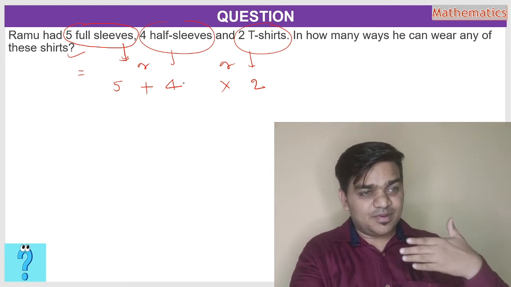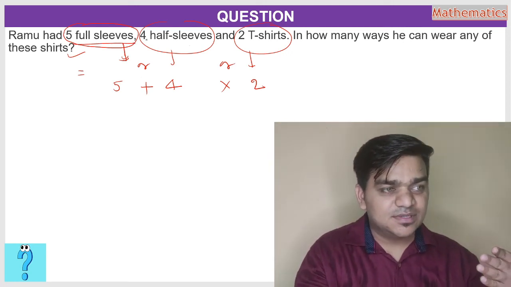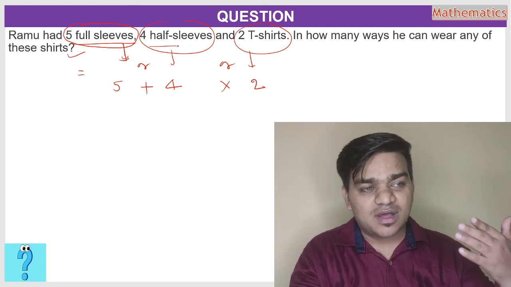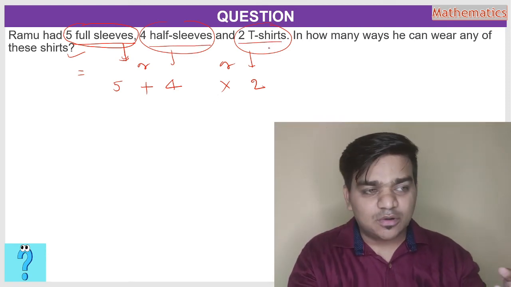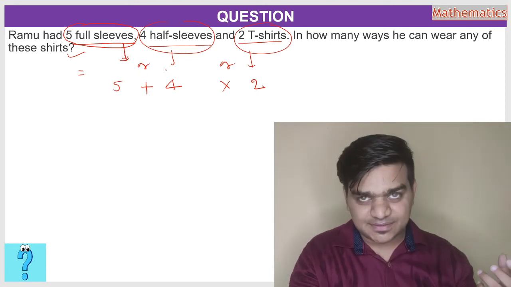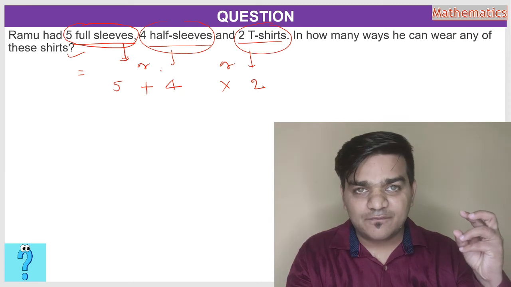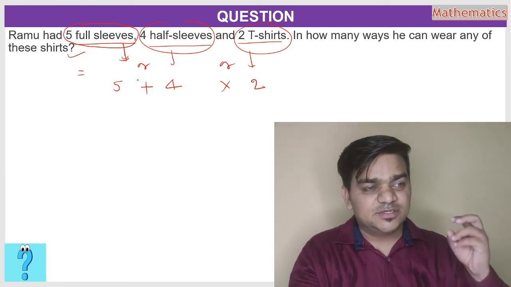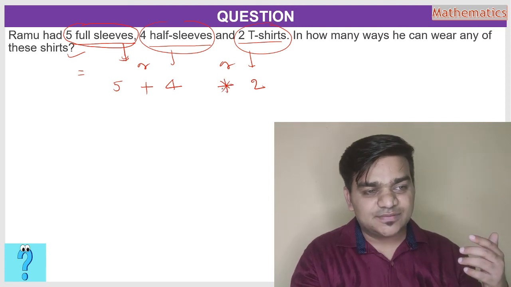In our process, actually, there are 5 full sleeves, or he will use 4 half sleeves, or he will use these t-shirts. So we have OR between all these steps, so we will use the addition sign always.